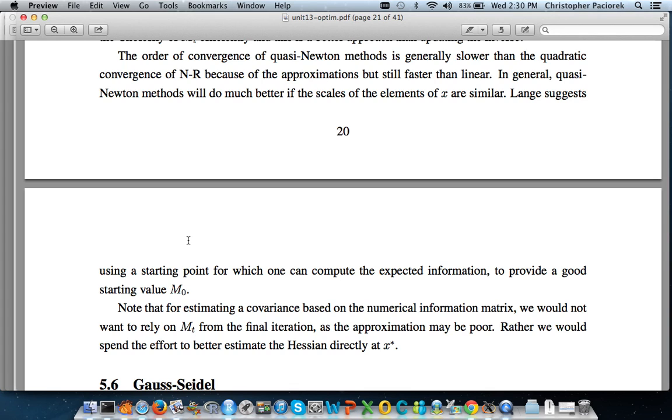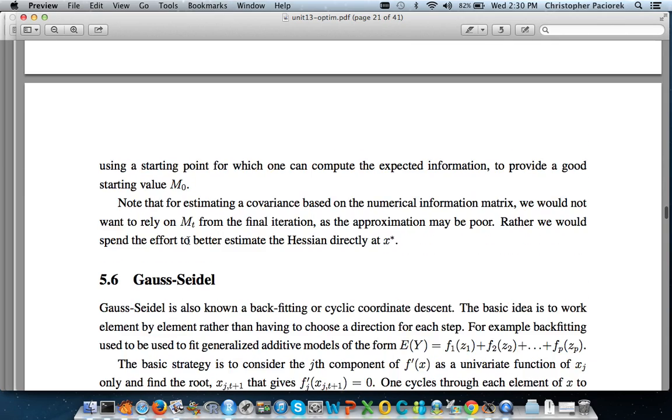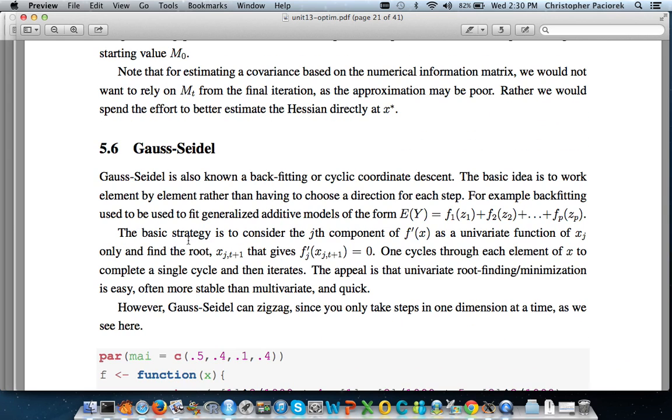So at this point, you wouldn't want to use an approximation of this Hessian matrix. You'd want to actually go in and numerically get a good estimate of it in order to come up with standard errors for your estimator. This relates to one of the problems on the problem set. Even though we're doing these approximations as we find the optimum, when we get to the end, we do want a good numerical estimate of this matrix of second derivatives. Okay. Questions, comments?